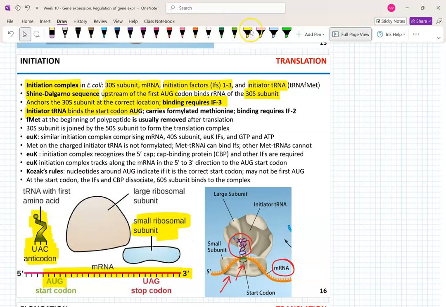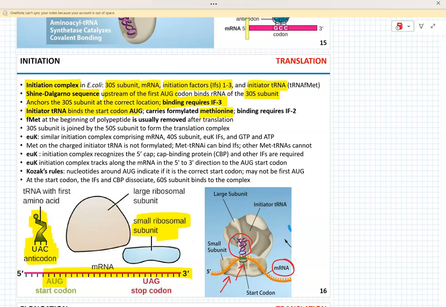Now, let's go back to prokaryotic translation. Prokaryotic initiation tRNA carries methionine that is modified by formylation, a specific type of chemical modification. This is why we call it tRNA-fMet.